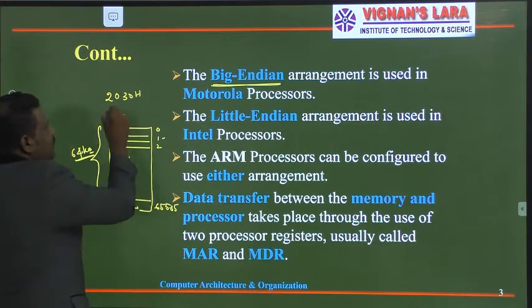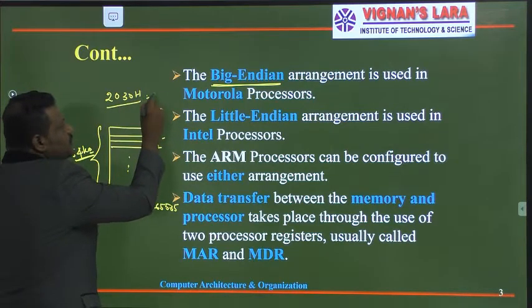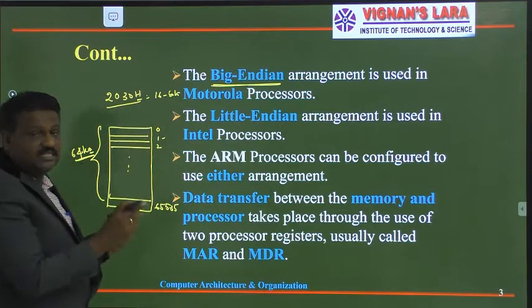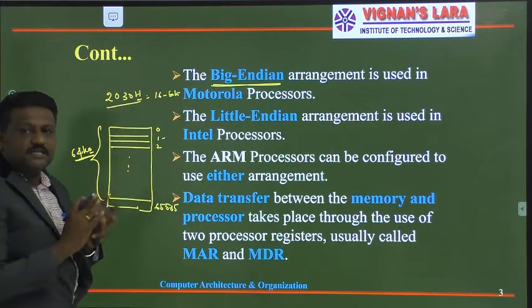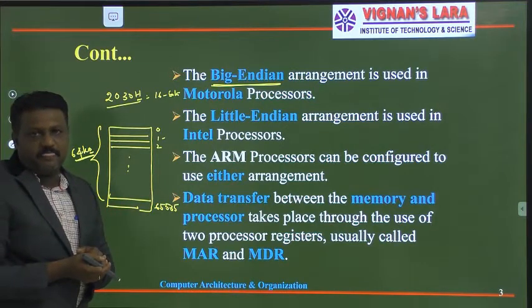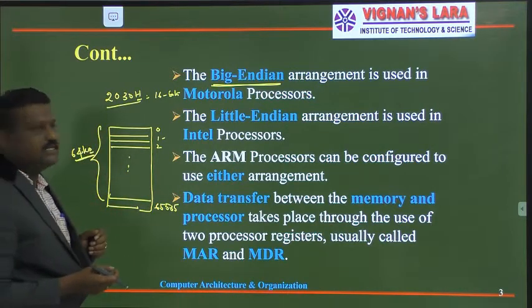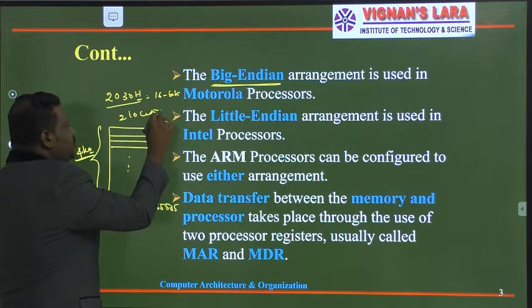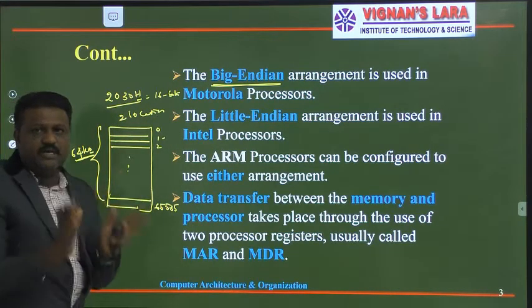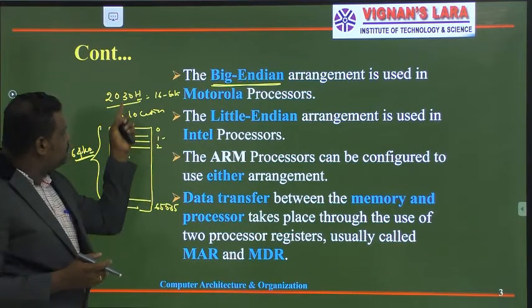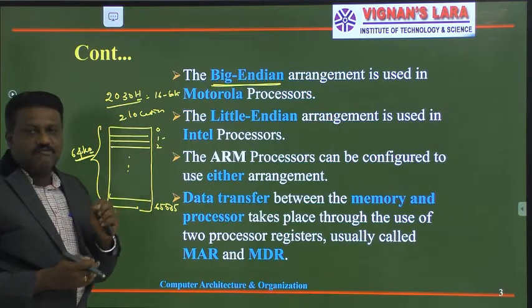Here the number is hexadecimal with 4 digits, so 4 into 4, it is a 16-bit number. In order to copy this 16-bit number, no doubt I need 2 locations, because each location of my memory can hold 8 bits. So I start storing this information from location address 1.